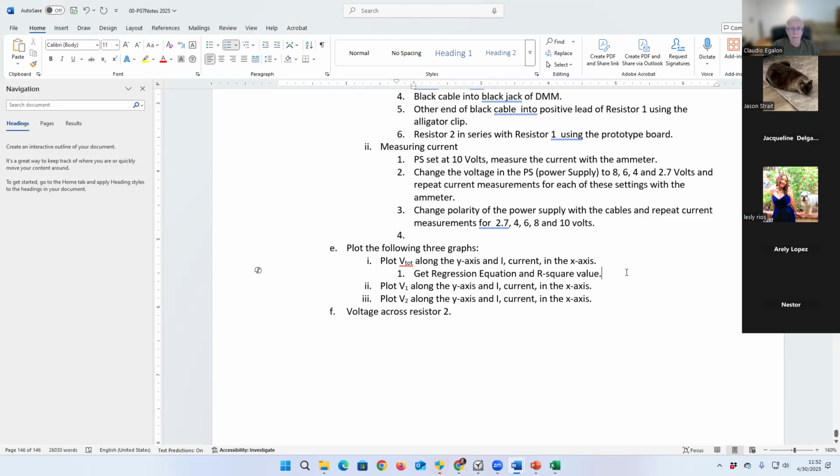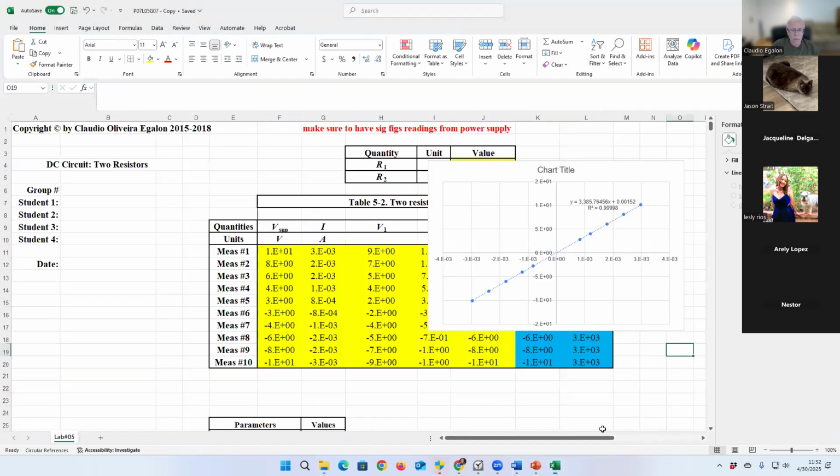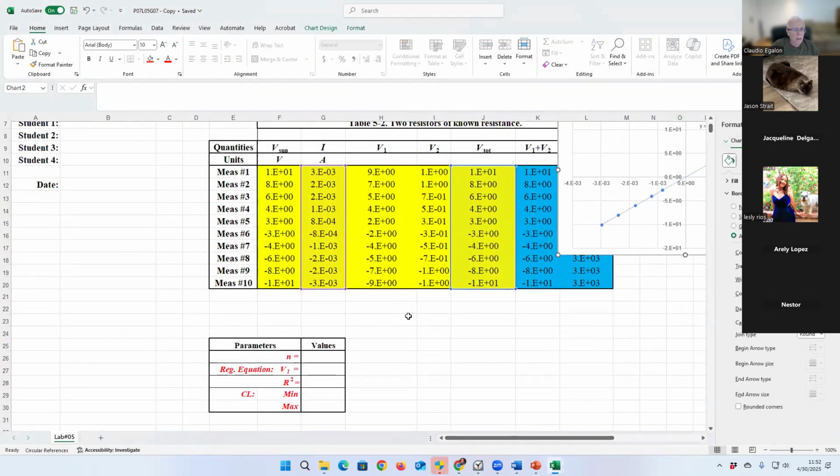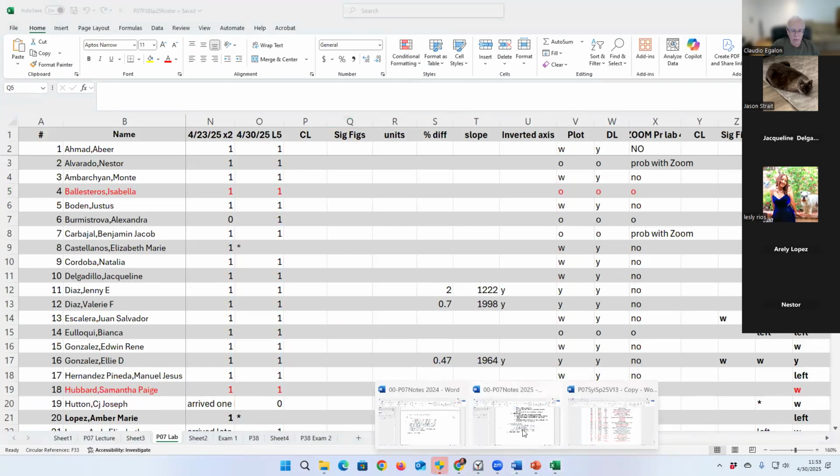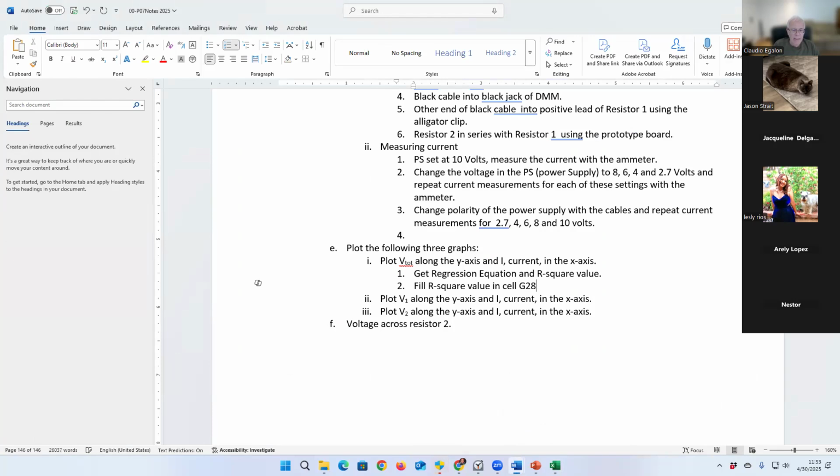Fill the R-square value in a cell. Let's see which cell this one is. Not this one. In cell G28. Okay? In cell G28.